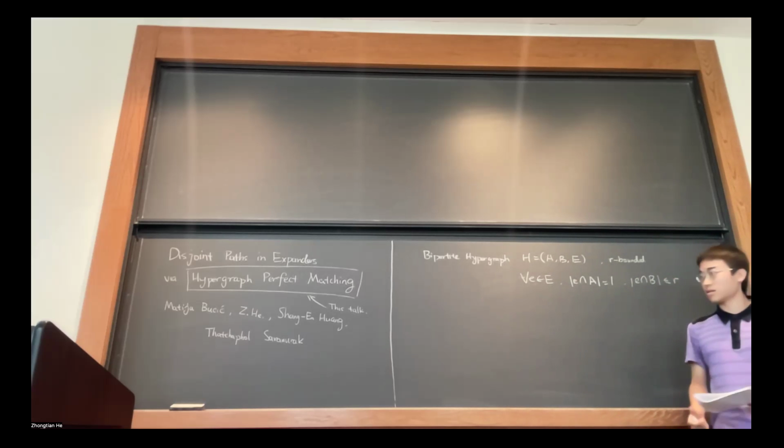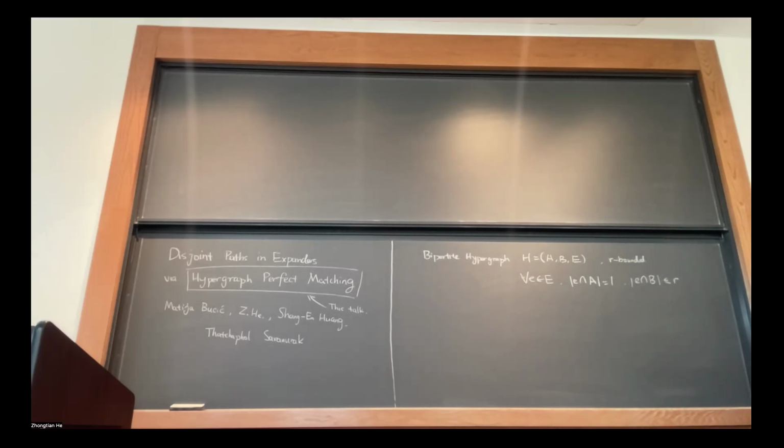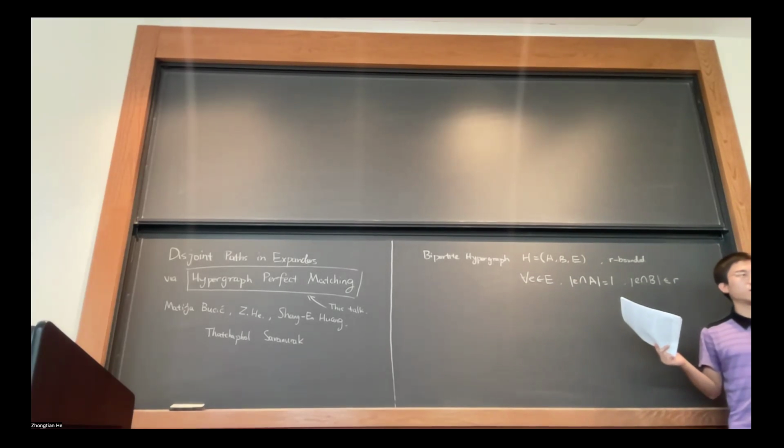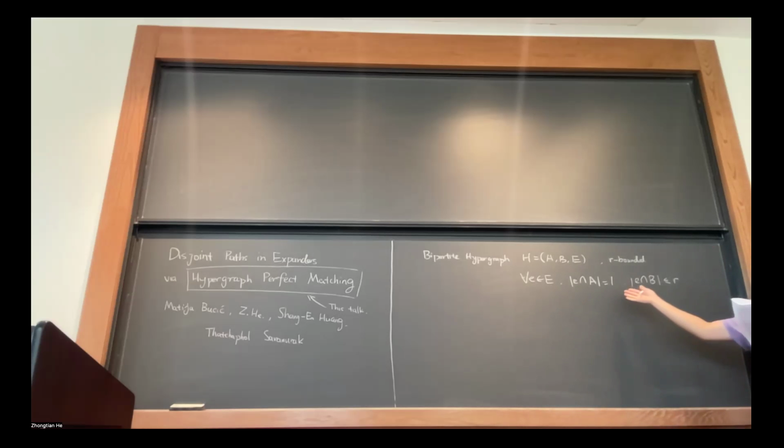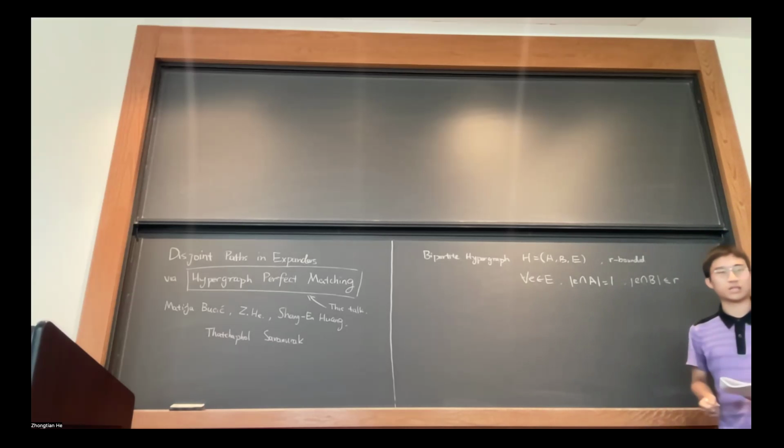Okay, and now you might be curious how we could derive an efficient algorithm for this, because this seems to be NP-complete because of 3D matching, right? This is NP-complete even for r equals 2. Right. So does everyone know 3D matching?